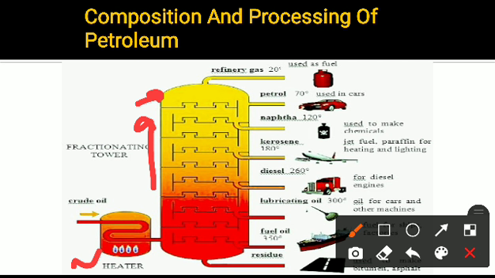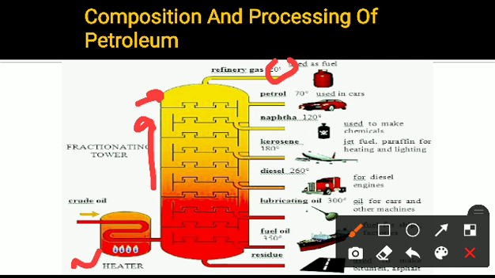Here at the top, at 20 degrees Celsius, there is removal of what? Refinery gases. These refinery gases are liquefied under pressure, and we can call them liquid petroleum gas.